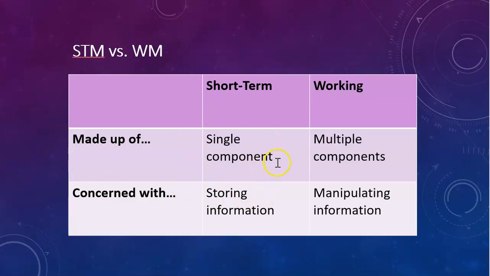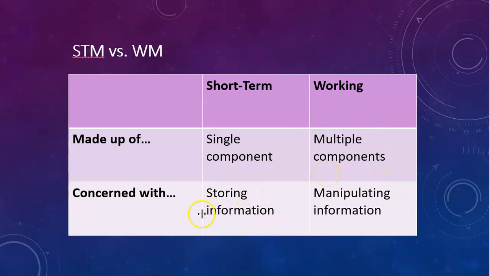Short-term memory tends to be made up of a single component, whereas working memory has multiple components. Because usually when you're using working memory, you'll have been able to chunk things together. Okay, so short-term memory is usually gaining information, whereas working memory is the recall of previously known information, so you'll be able to use chunking better.